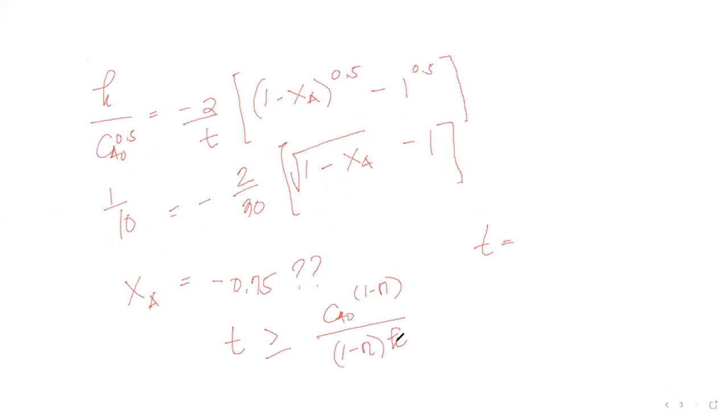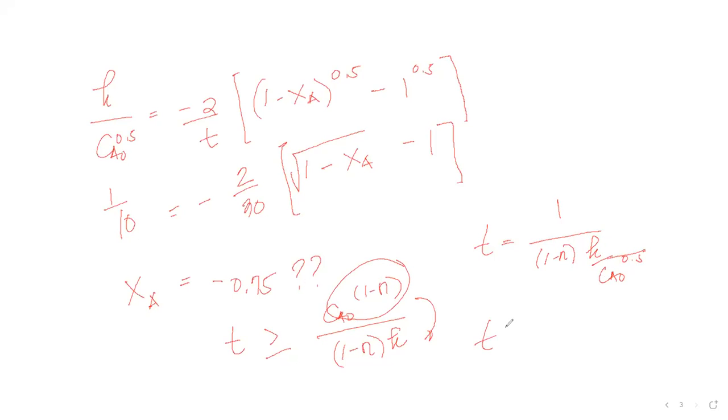Only it's the reciprocal. So you have, I'll write here, 1 over 1 minus n, and you have here k over CaO, that's 1 minus n, so 1 minus 0.5 is 0.5. I literally place this expression here in the denominator so that you would see.